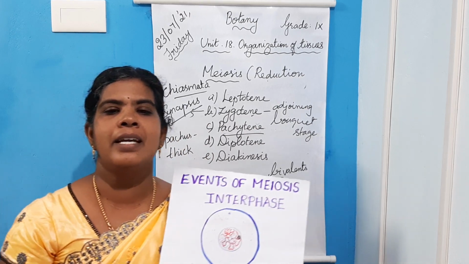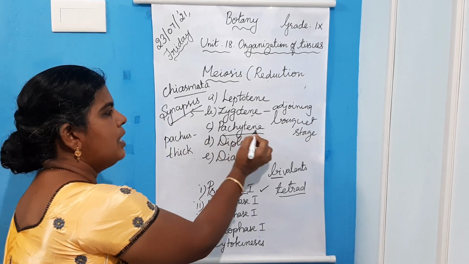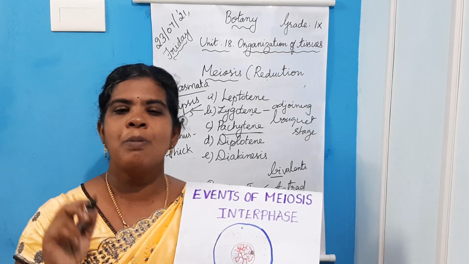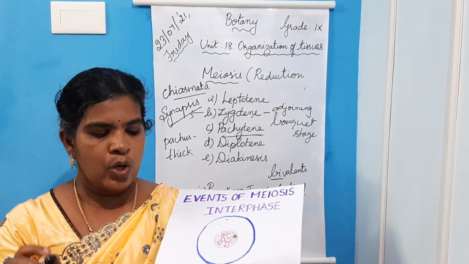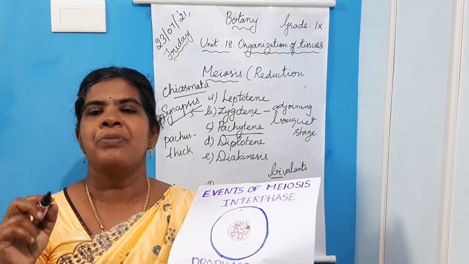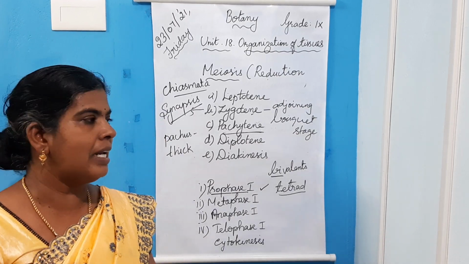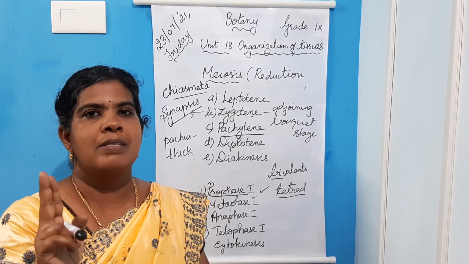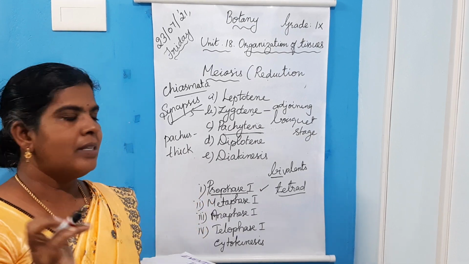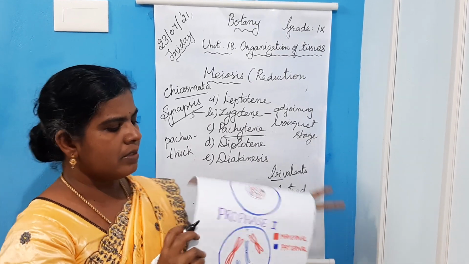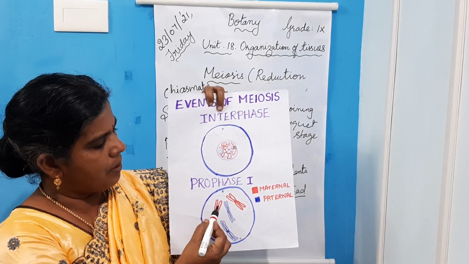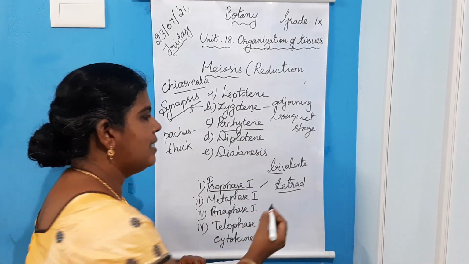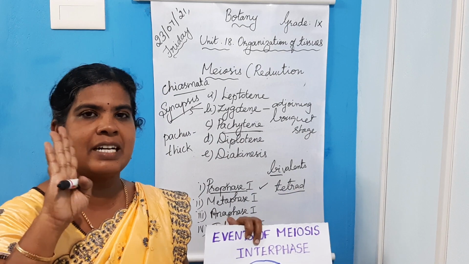So pachytene stage, pachus means thick. It's a very important stage. During this phase, the chromosomes are visible as long paired structures. The pairs are called bivalents. Bi means two. The bivalent contains 4 chromatids: 1, 2, 3, 4.